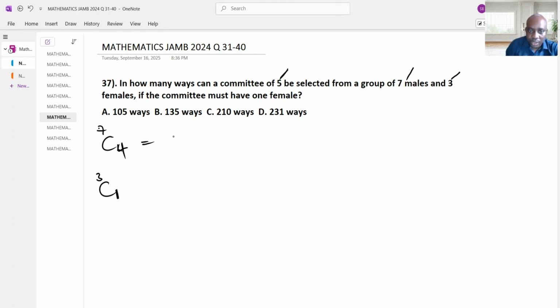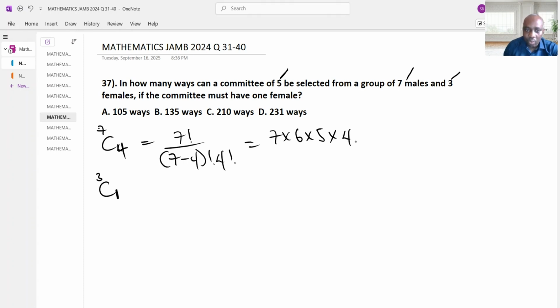Now let's proceed. 7 factorial divided by (7 minus 4) factorial, times 4 factorial. To remove this factorial, multiply backward: 7 times 6 times 5 times 4 times 3, and let's stop at 3 factorial. Now 7 minus 4 gives us 3 factorial, and 4 factorial.